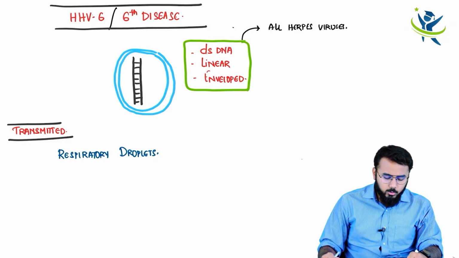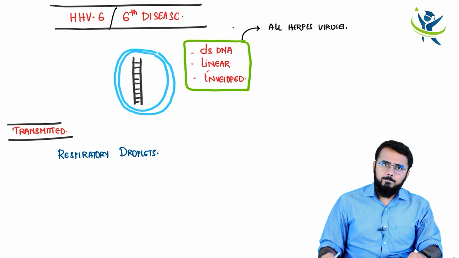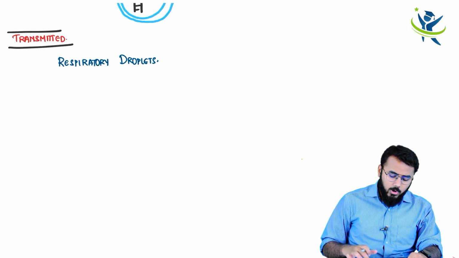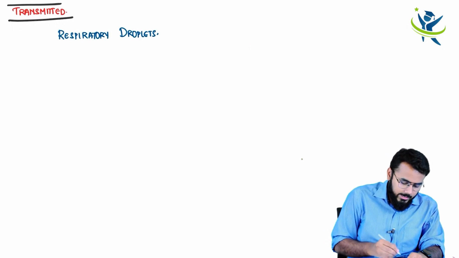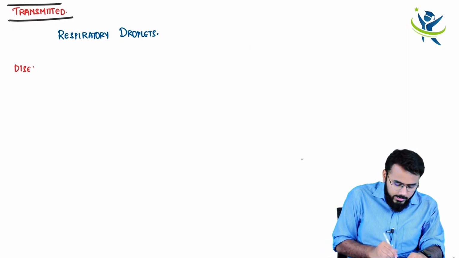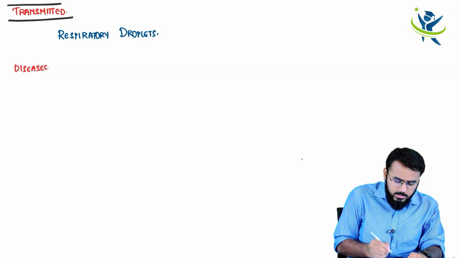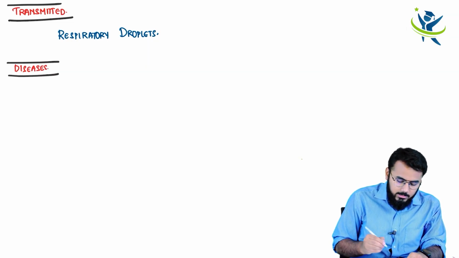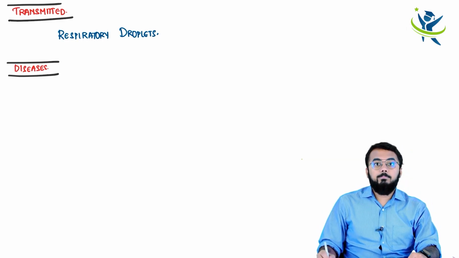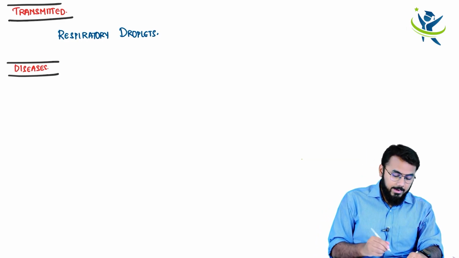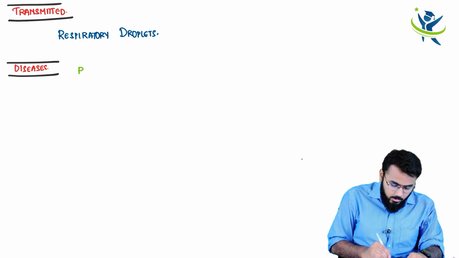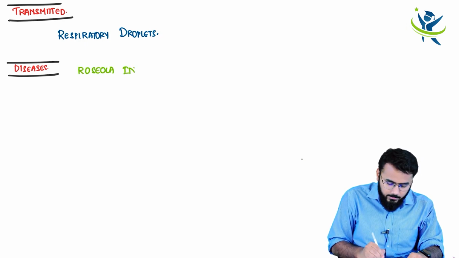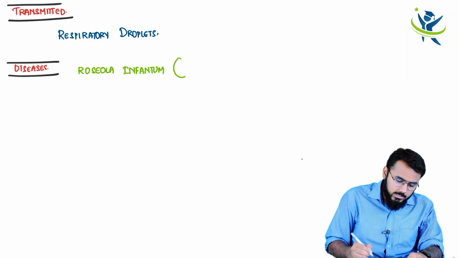So what kind of diseases is human herpes virus 6 said to cause? Let me write a side note. There are many of them, but mainly this HHV-6 is responsible for causing something called Roseola Infantum, okay. So what is the other name?